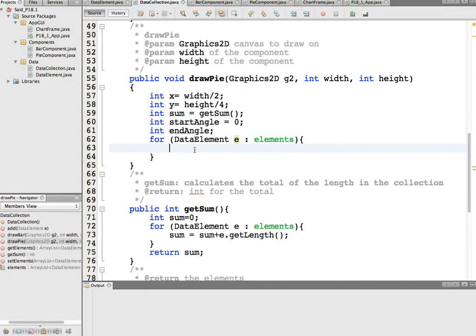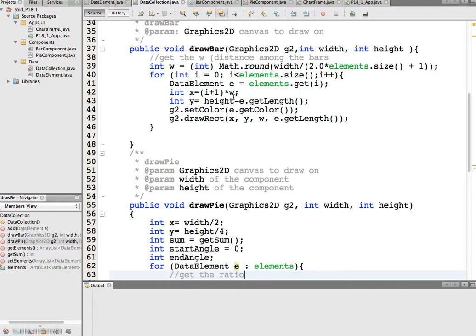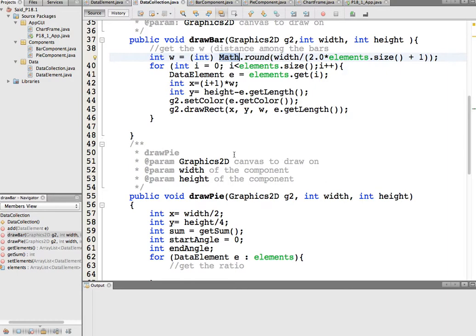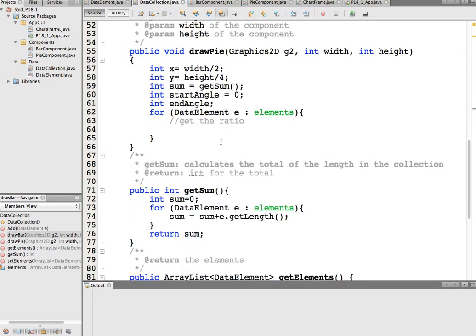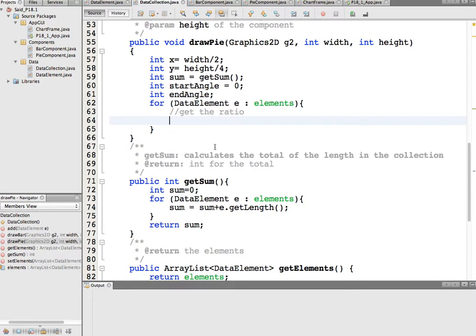and we'll say first calculate the ratio, and we will have to do something similar to what we did here by rounding up the ratio multiplication of the 360. So I can take it step by step, or we can do as we did here and just write it all together.